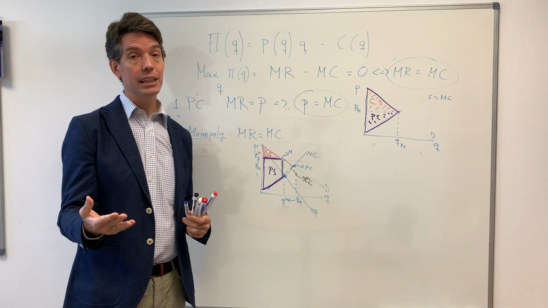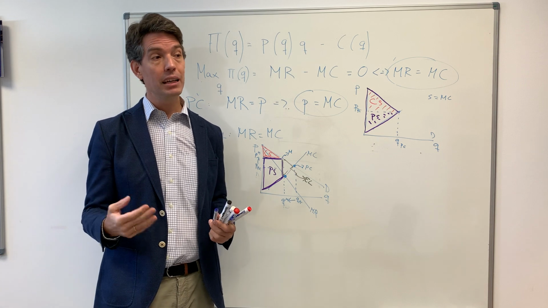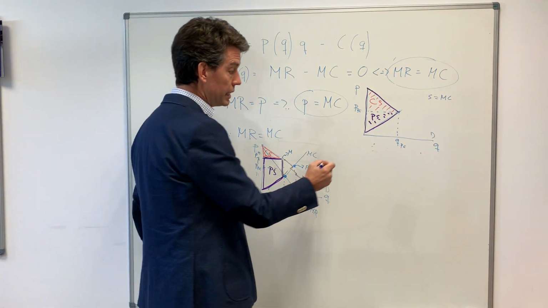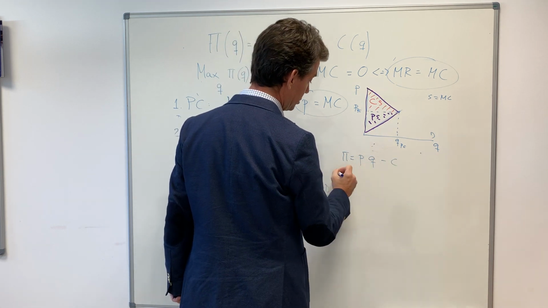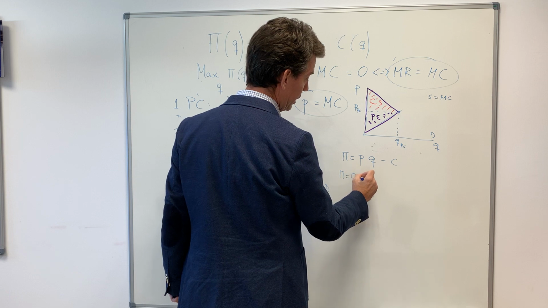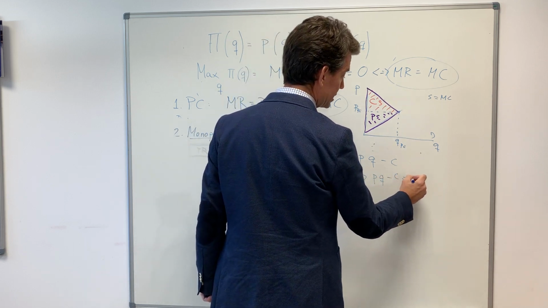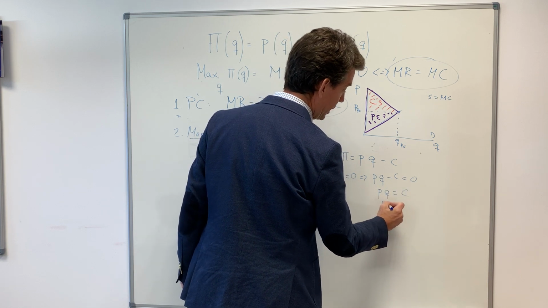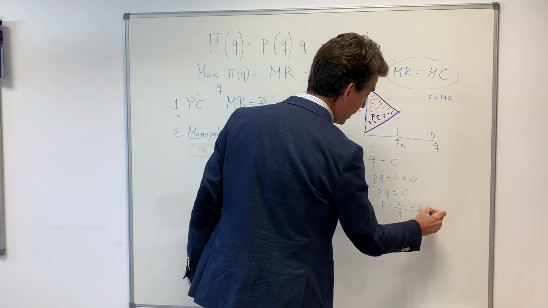so as competitors get into the market, of course, the price is going to start to go down. How much down? Well, until positive profits are no longer made. Given that profits are P times Q minus the cost, profits will be 0 when the price times Q minus C is 0, or the same when price times Q equals C, or the same when the price equals the cost divided by the number of units, which is what we call the average cost.